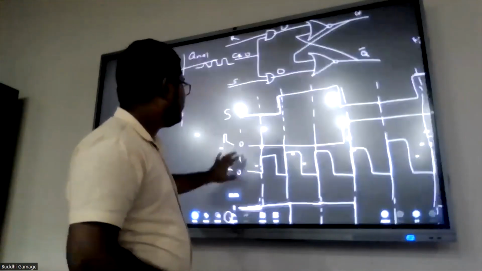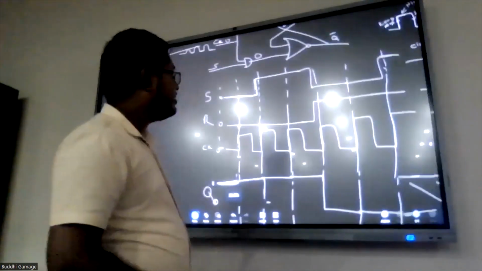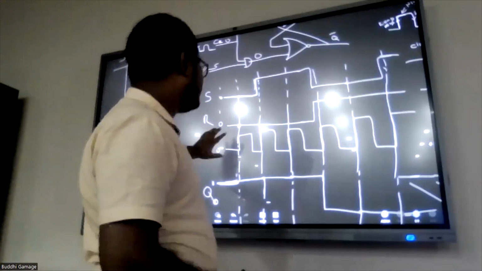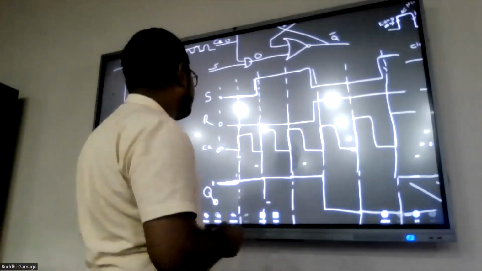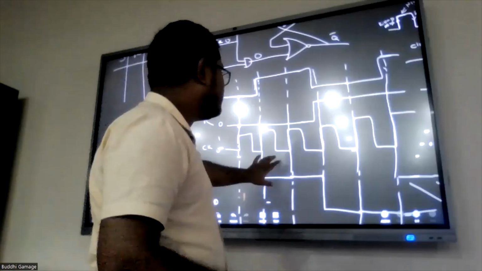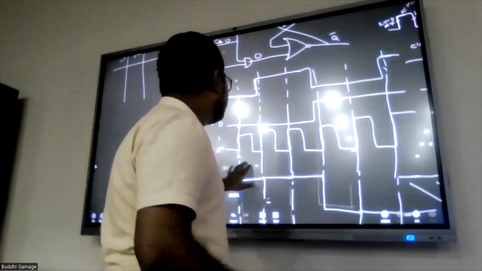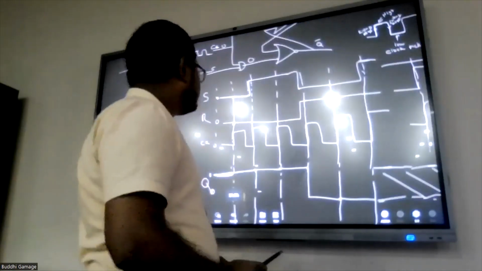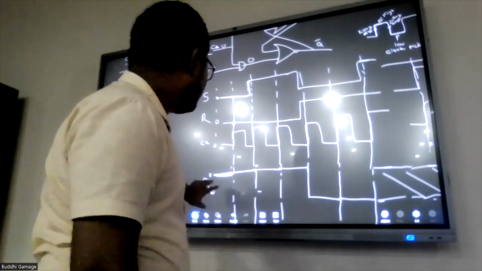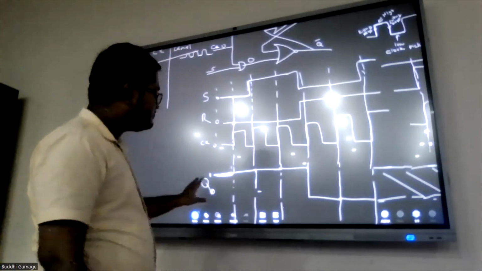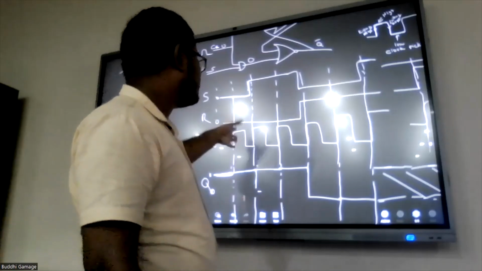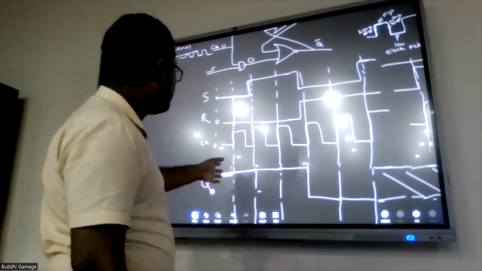And then you need to be able to draw this timing graph where you give in the S and R as a digital wave, and this is the clock stream, and you need to draw this Q, or the output, where the clock is happening, and based on the previous output.